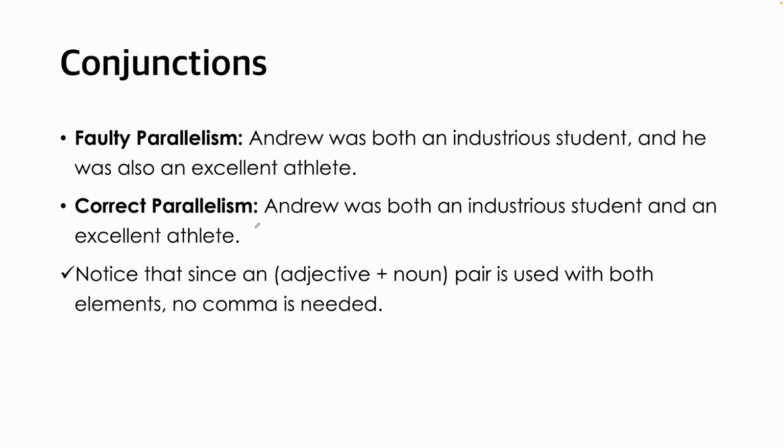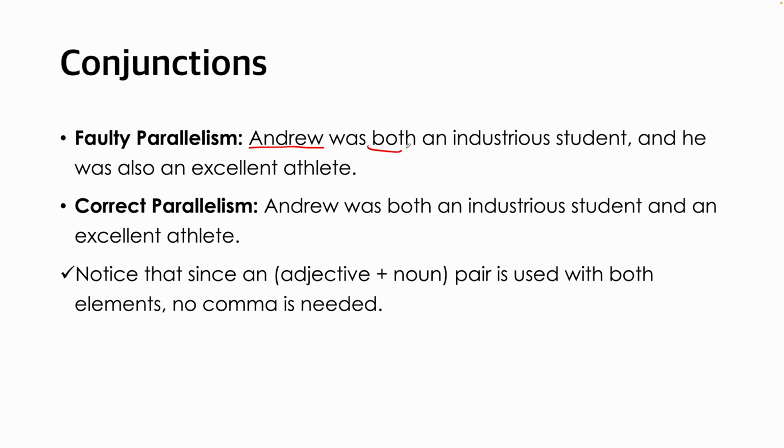The first one is faulty parallelism, and let's take a look at it. Andrew was both an industrious student and he was also an excellent athlete. Here you can see that there are two noun phrases that describe the subject, Andrew, in this sentence.